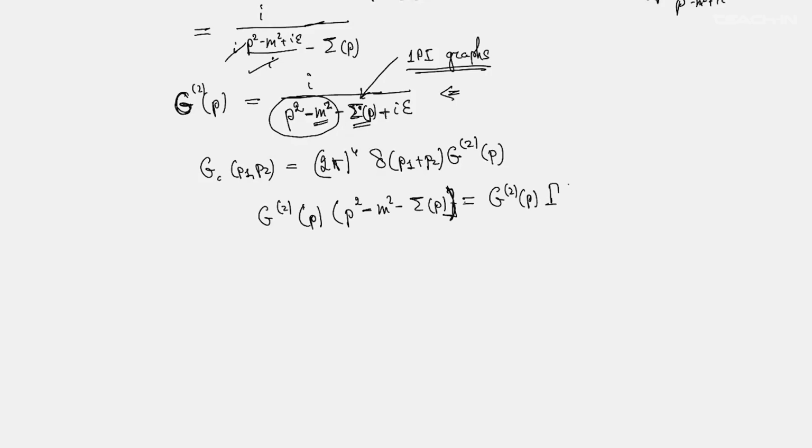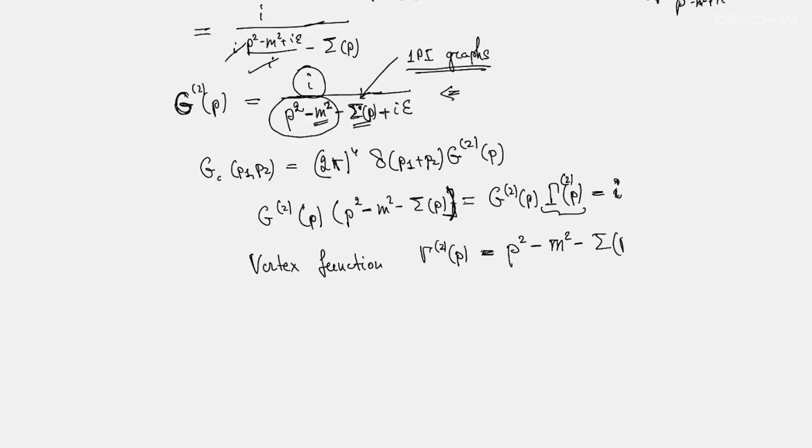So this i will be left over on the right-hand side, which allows me to introduce a quantity gamma 2 of P called vertex function. Gamma 2 of P, depending on one variable in this context, is simply an inverse propagator, inverse Feynman propagator.